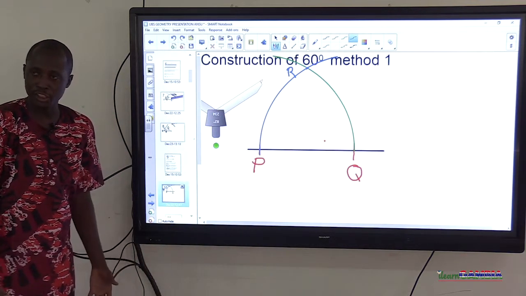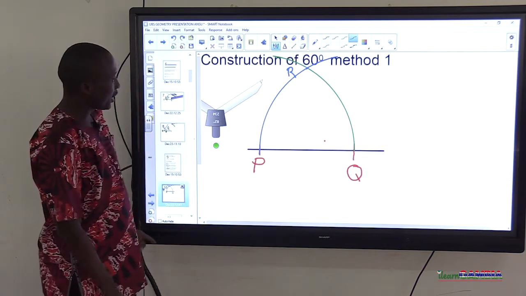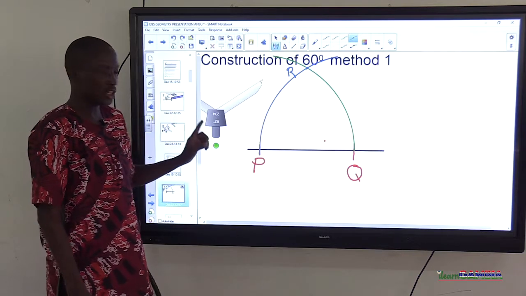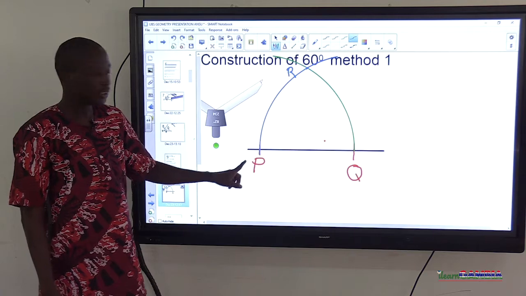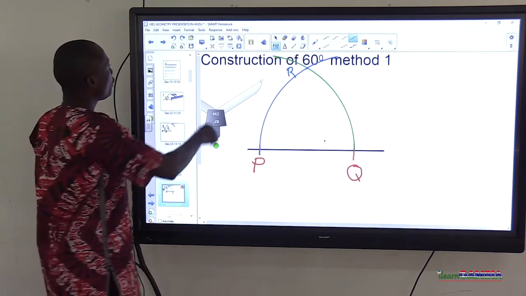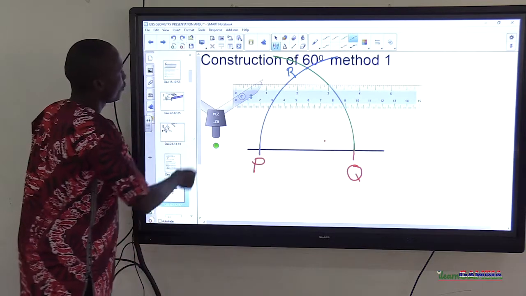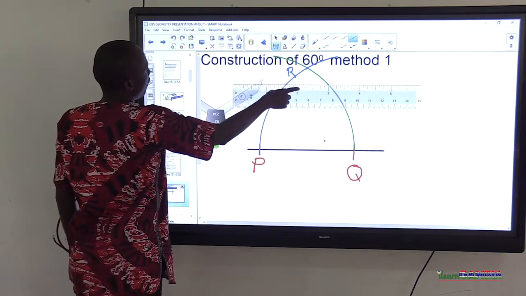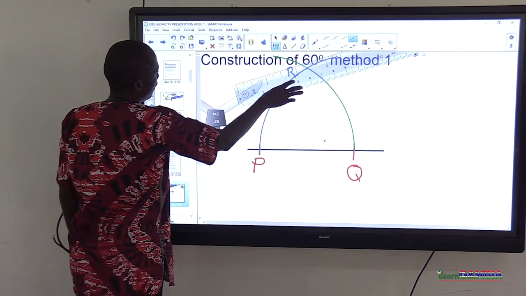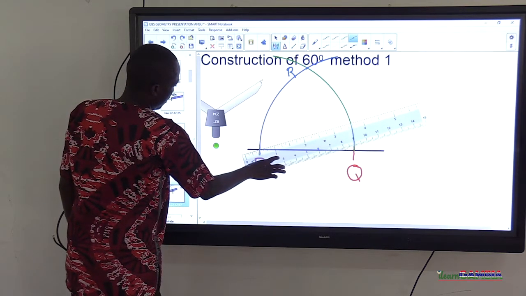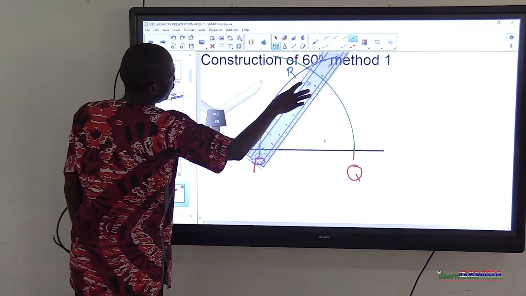The next step is to take a ruler or a straight edge and join the point of intersection of the two arcs to P. That is what we are supposed to do. So we take our ruler, okay? So I join it there.